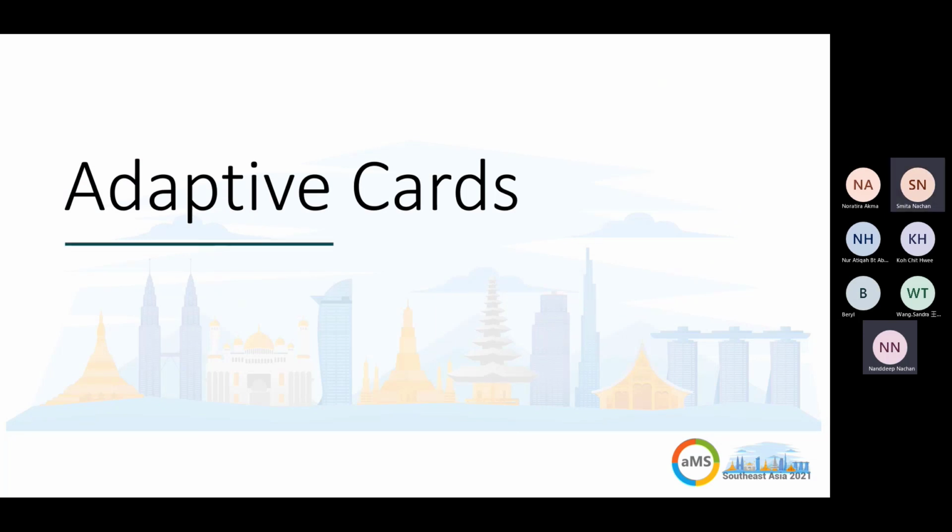So now let's look at adaptive cards. If you are not familiar with adaptive cards, let's start our discussion with the basics. Adaptive cards are platform-agnostic snippets of UI which are authored in JSON format. Adaptive cards are an open card exchange format enabling developers to exchange UI content in a common and consistent way.